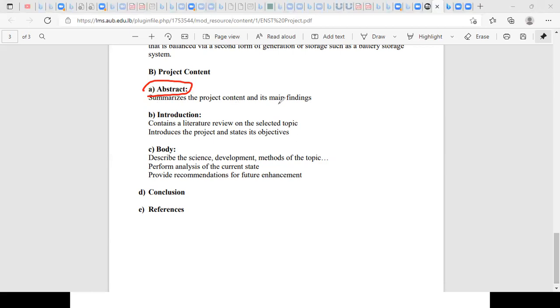As I told you, maybe you will not be able to completely answer a new research problem and find the solution for it, but at least you will tackle a challenge, or you will propose a small strategy to enhance the performance of the system you are working on. So in the abstract, you describe your project and the main finding you were able to reach through your research. Now, the introduction is a very important part.